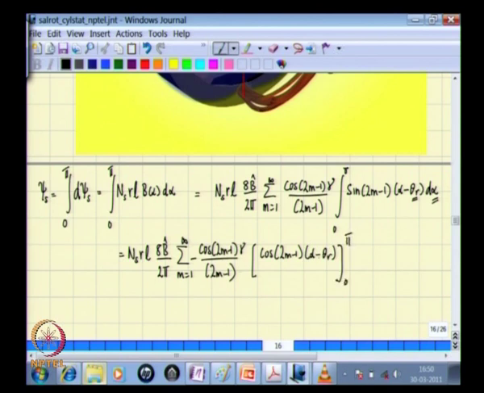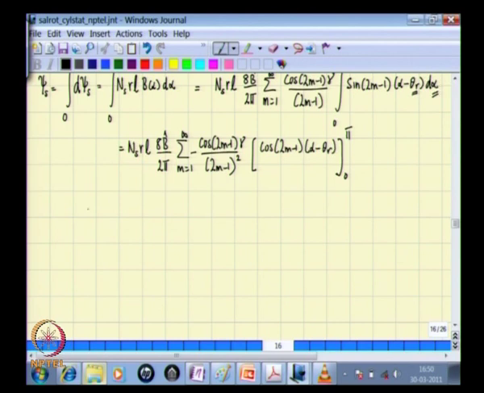There is a denominator 2m minus 1, which we will take out and put as a square here. So let us look at simplifying this expression alone, the remaining terms are the same. This expression works out to cos of 2m minus 1 into pi minus theta r, minus cos of 2m minus 1 into minus theta r.